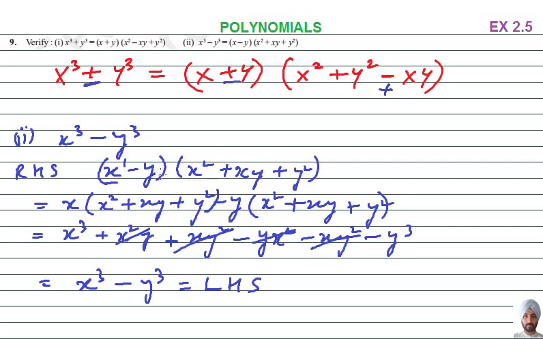So all the terms have a power of 3. Why? Because the power is 3 here also. Okay, so this is a common observation that you should make in all the identities. This will help you in some way or other and prevent you from committing any mistake.